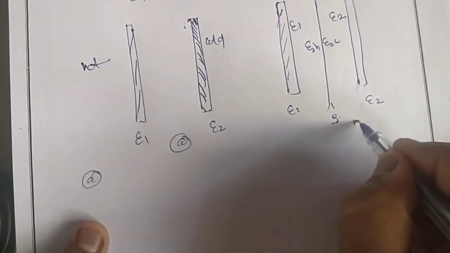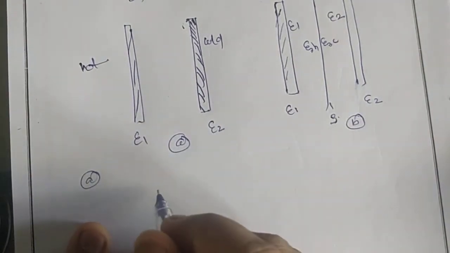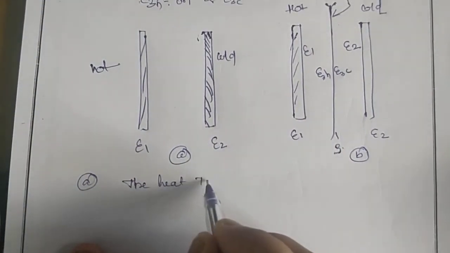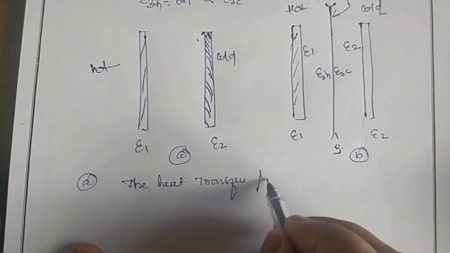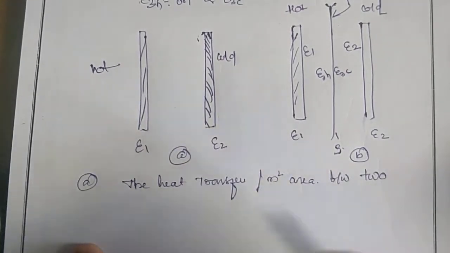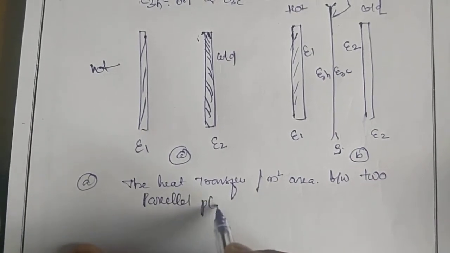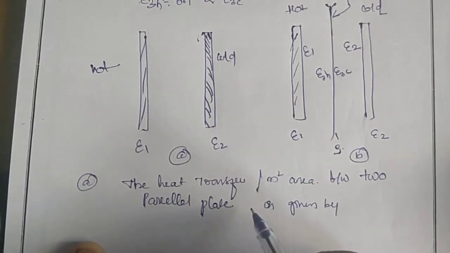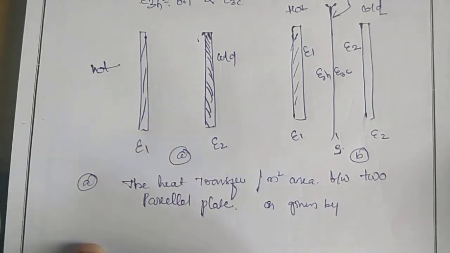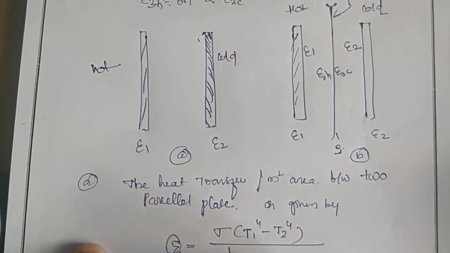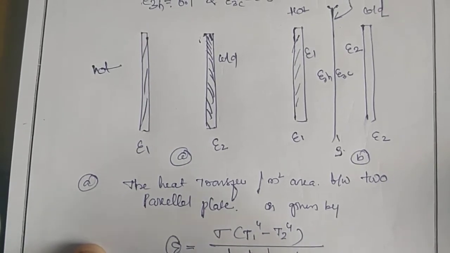Now we call the figures A and B. For A, the heat transfer per meter square area between two parallel plates by radiation is given by Q is equal to sigma into (T1 to the power of 4 minus T2 to the power of 4) divided by (1 by epsilon 1 plus 1 by epsilon 2 minus 1).